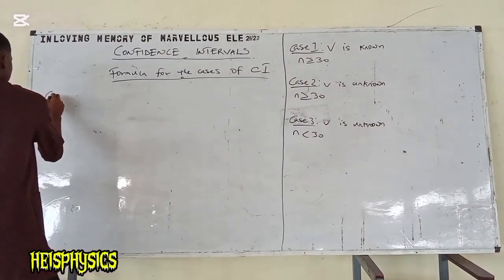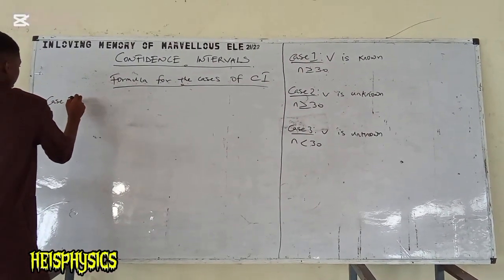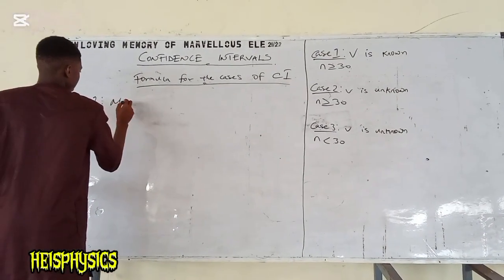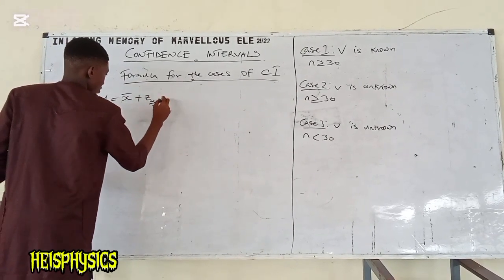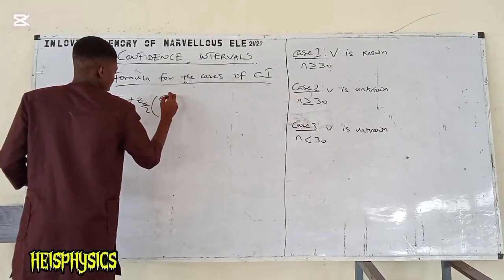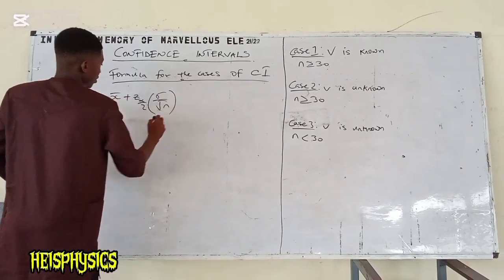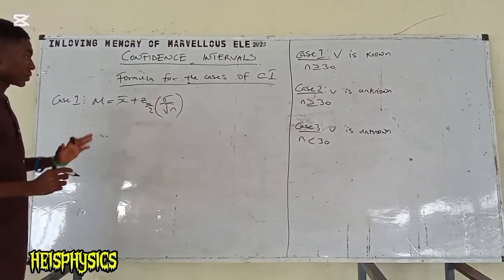Now for case 1, the formula is mu equals x bar plus or minus z, in brackets, standard deviation over square root of n. No worry, I will explain the parameters when I'm done with the formulas.